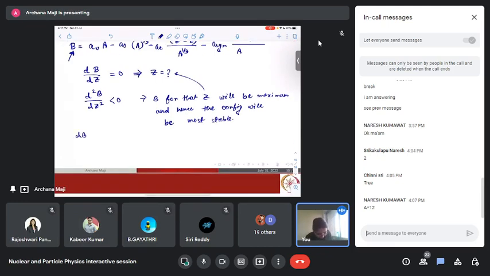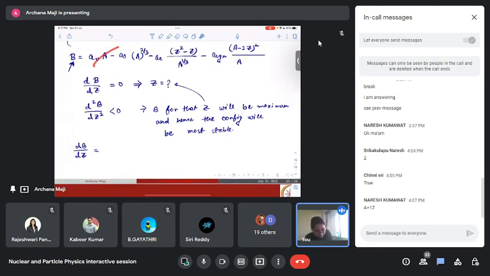If I take the derivative of binding energy with respect to Z, these two terms will be 0 because these are just constants, right? And from the third term we will get 2Z minus 1 divided by A power 1/3 minus, and this will give 2 times A minus 2Z divided by A, and inside we will get minus 2. Fine.